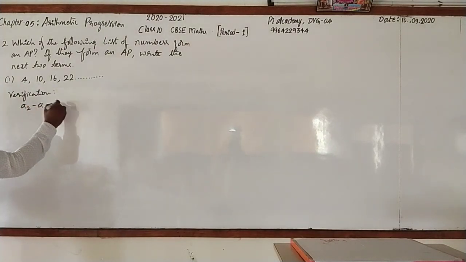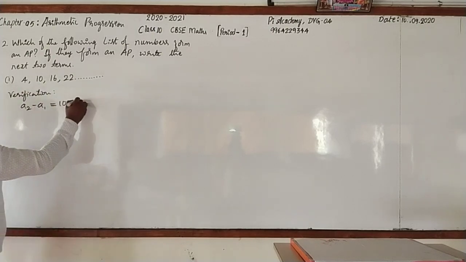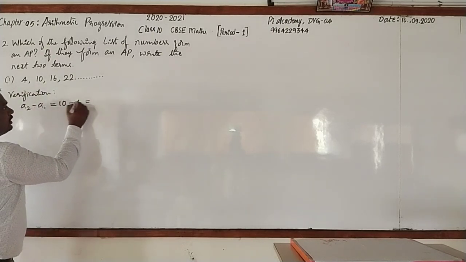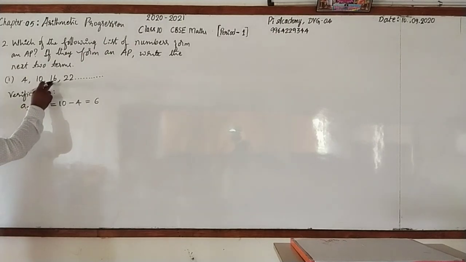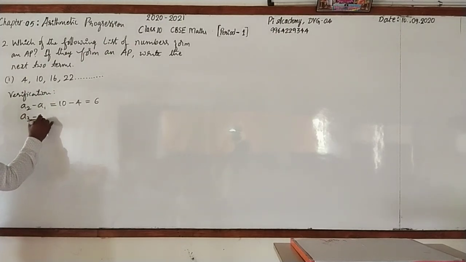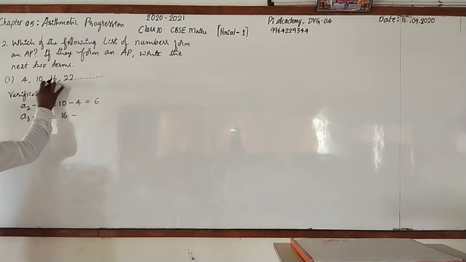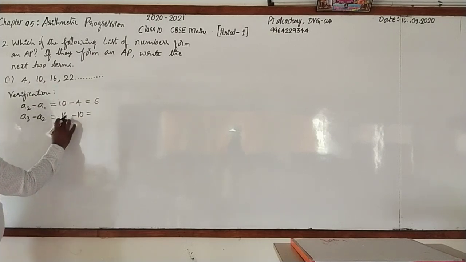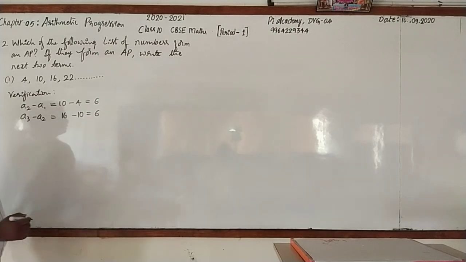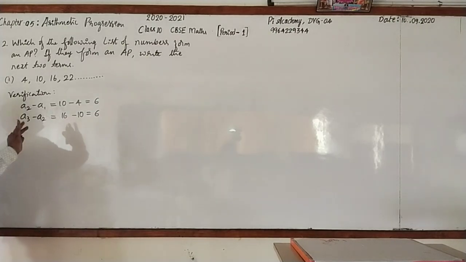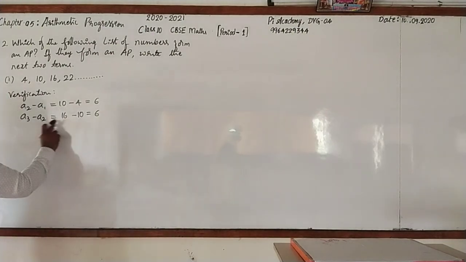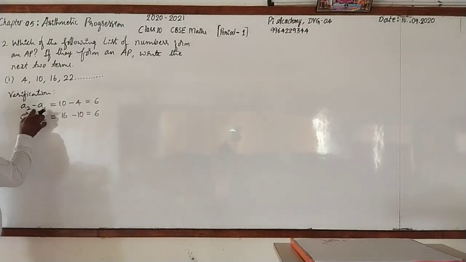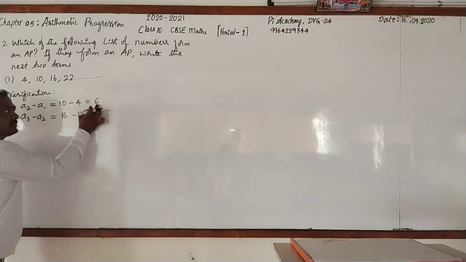What is A2? 10. A1, 4. 10 minus 4, this is 6. Then take A3 minus A2. A3, 16. A2, 10. 16 minus 10, this is also 6. So 3 terms are enough to decide whether it forms an AP. Observe here, the difference of first 2 terms, 6.